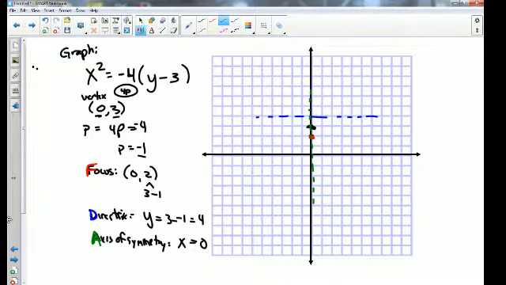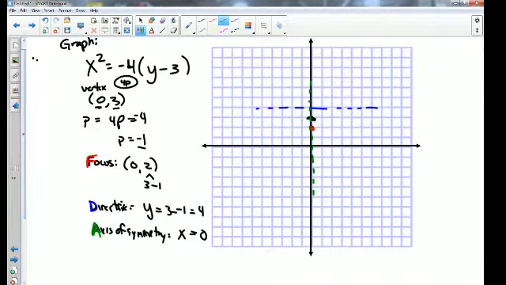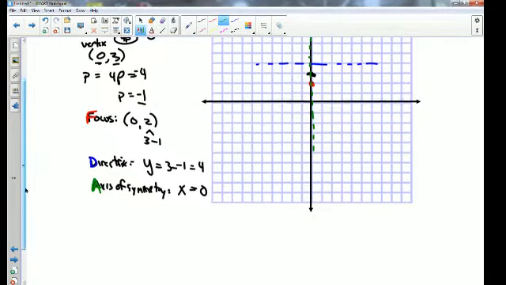How do I know how wide that opens? We want to be precise. How do I know if I need to go out here or do I need to go down here? What's the best number to use? 0 for x or y? If you use 0 for x, we already have that. If you plug 0 in for y, you're going to get the roots of the equation, right?